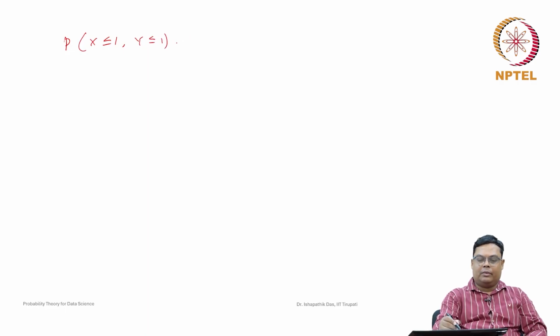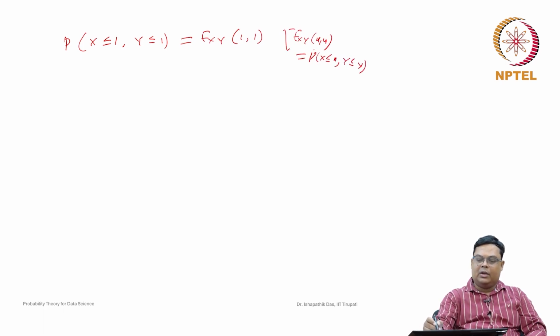By definition, this is nothing but F_XY(1, 1), because the definition is the probability of X less than or equal to x, comma, Y less than or equal to y. So, put x and y equal to 1. This function we know, with e to the power of minus alpha into 1 and e to the power of minus beta into 1.